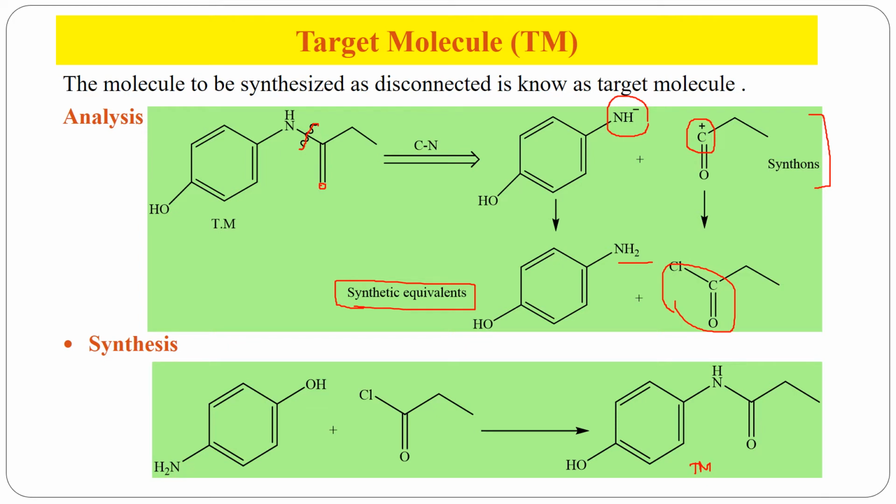So in this retrosynthesis, first is the analysis, that is, our target molecule is disconnected, and by using the same or a similar method, that target molecule is again synthesized.